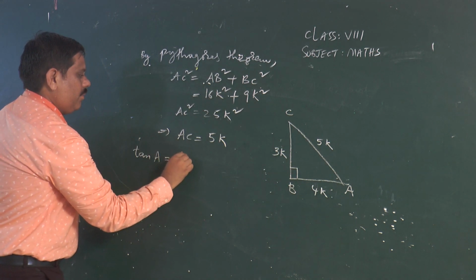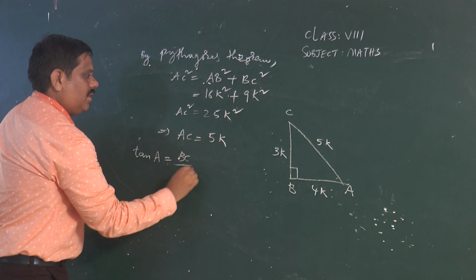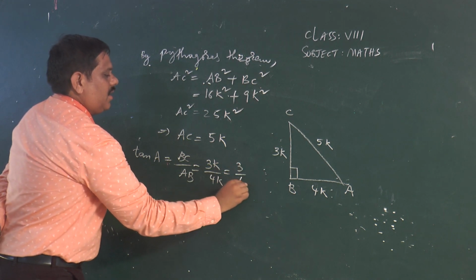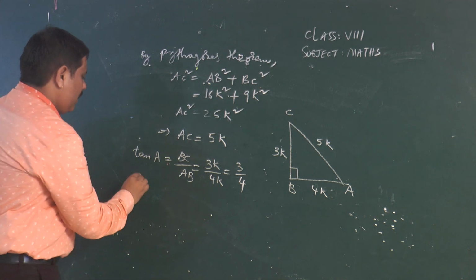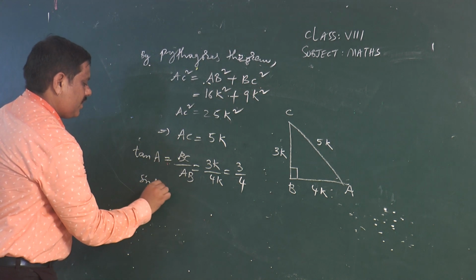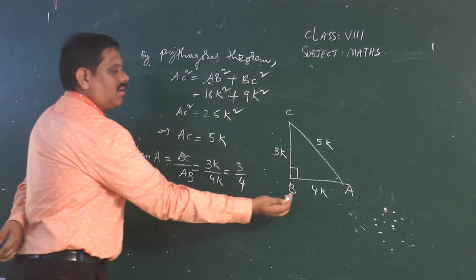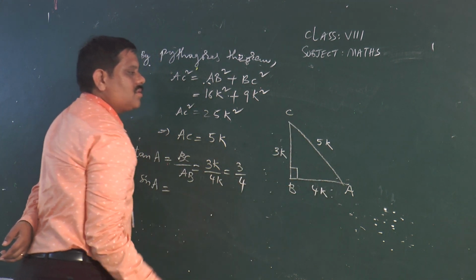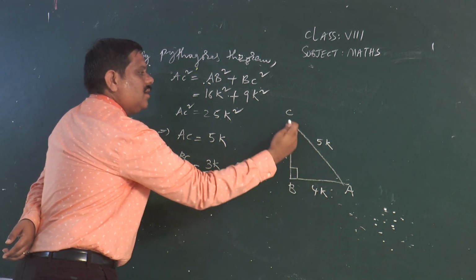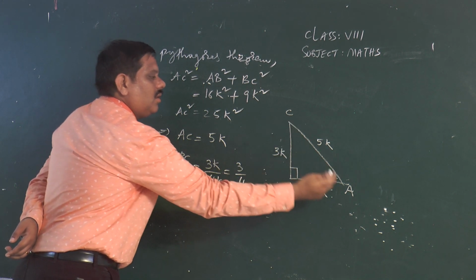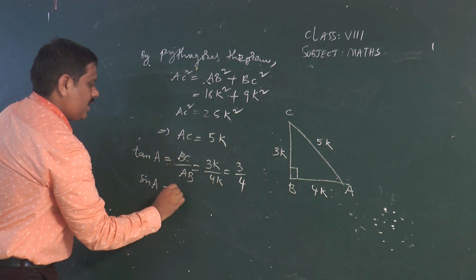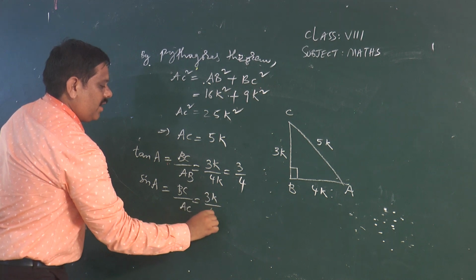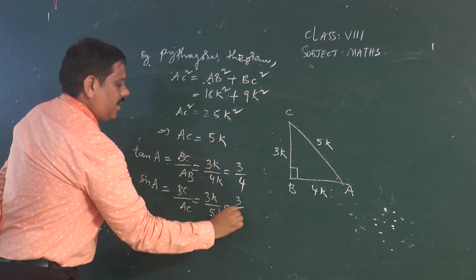So that is BC by AB, that is 3K upon 4K, that is simply 3 upon 4. Now we will define sin A. According to the definition, sin A is opposite side to A by hypotenuse, or the ratio of perpendicular to hypotenuse. So it is BC by AC, that is 3K upon 5K, that is equal to 3 upon 5.